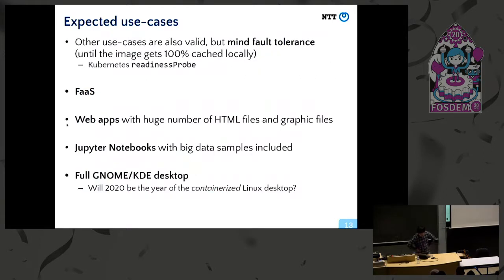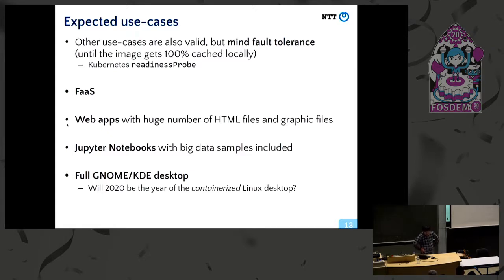So you don't need to consider fault tolerance of registry failures. There are also good use cases such as function as a service, because for function as a service, the startup latency is really important. We can also use lazy distribution for web applications with a huge number of HTML files and graphic files. It's also good for Jupyter notebooks with big data samples.